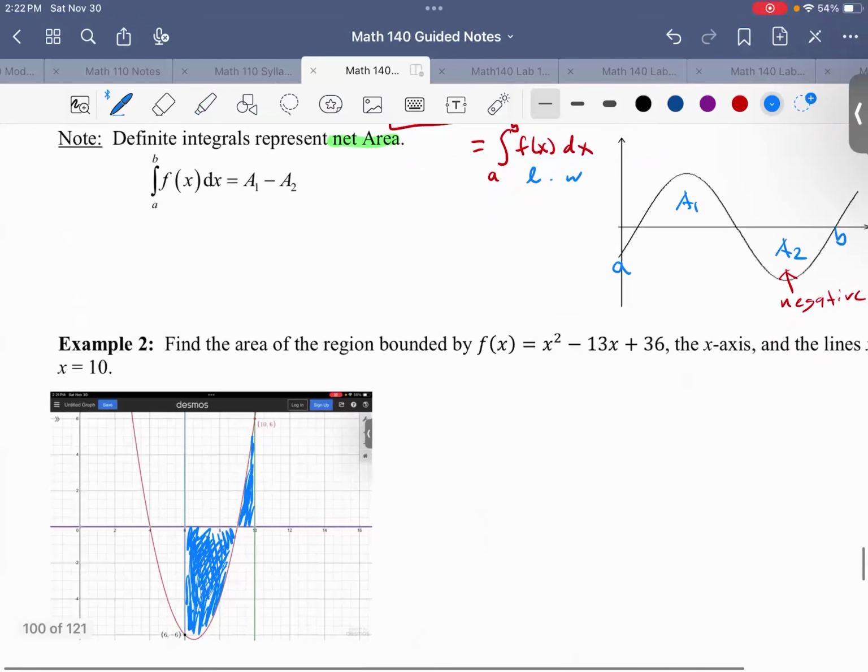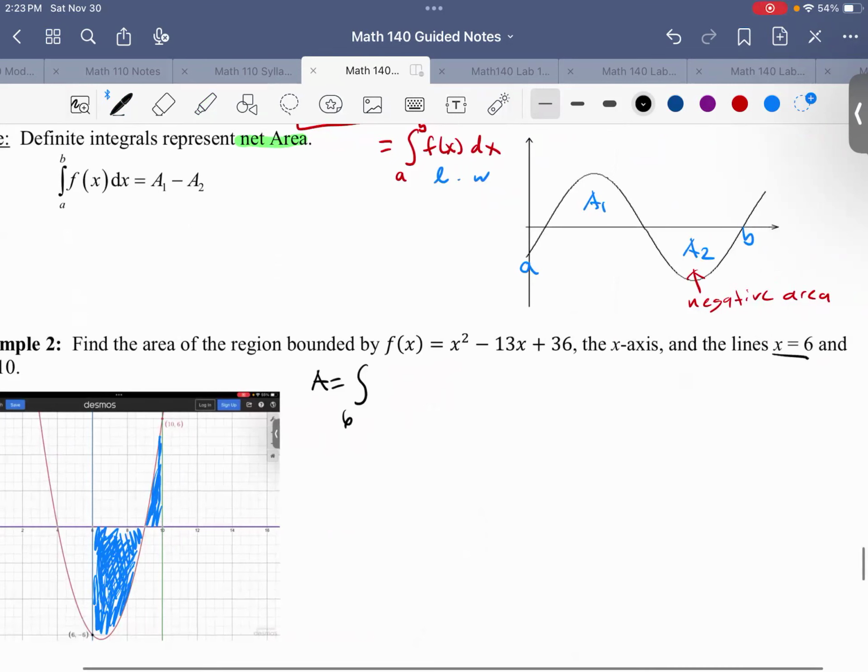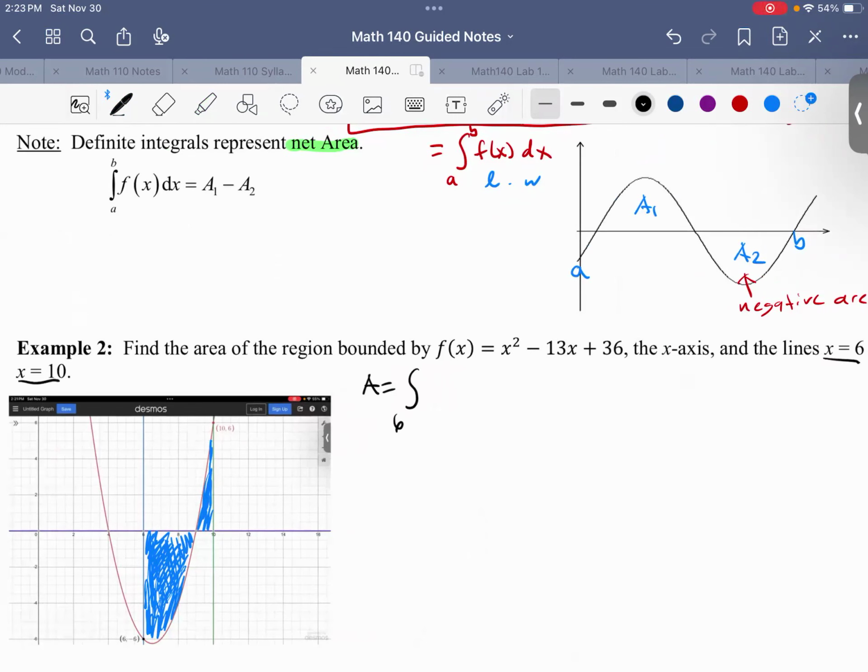Instead of taking a bunch of rectangles to find the area of this shaded portion, I can just integrate from 6 to 10 of this function, meaning I'm taking an infinite amount of rectangles to get the area. So the area would be the integral from 6 to 10 of the function x squared minus 13x plus 36 dx.